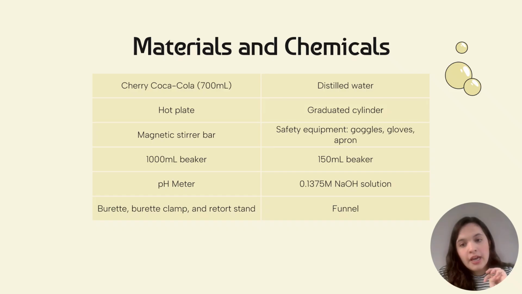Cherry Coca Cola, approximately 700 milliliters, a hot plate, a magnetic stirring bar, a 1 liter beaker, pH meter, burette clamp, and retort stand, distilled water, graduated cylinder, safety equipment like goggles, gloves, and apron, a 150 milliliter beaker, and sodium hydroxide solution with a molarity of 0.1375, and also a funnel.